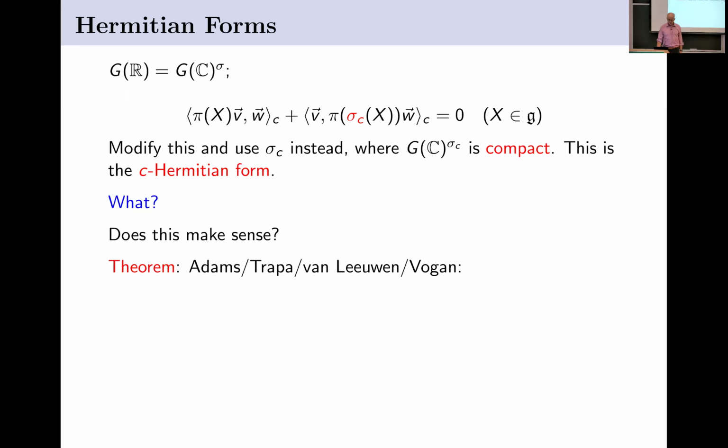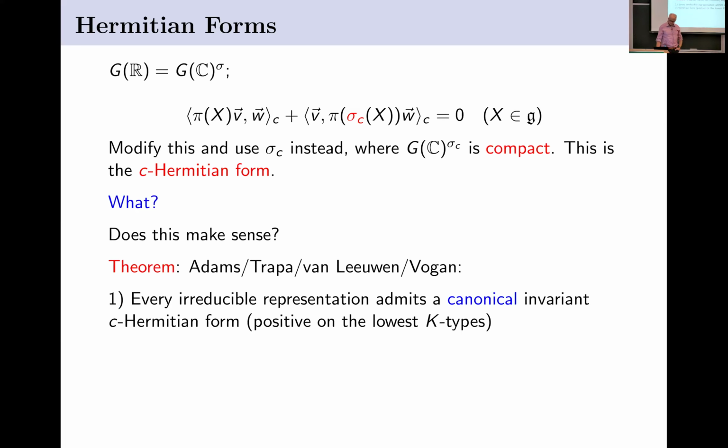This thing's well defined. And about 10 years ago, we proved the following theorem. Every irreducible representation admits a canonical invariant C form. So that takes care of two things. They always exist and they're always canonical.